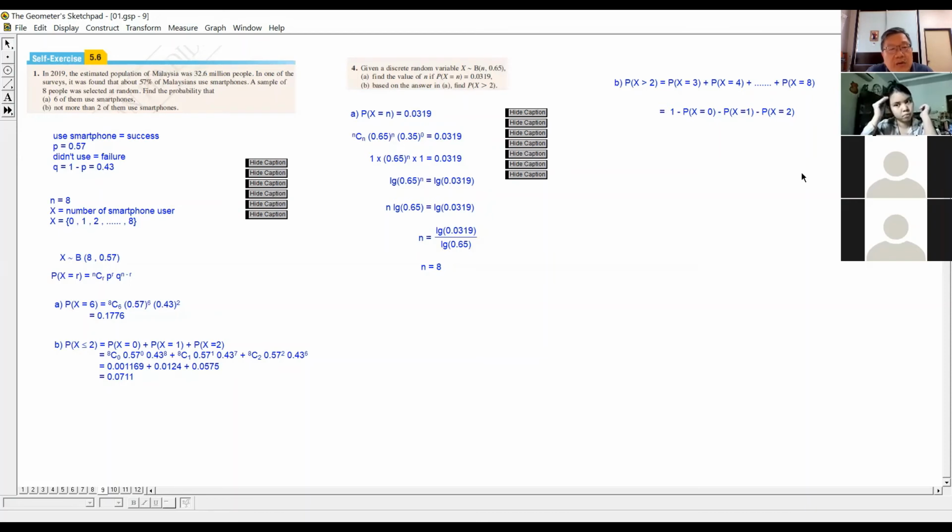So next time, do you know how to use this shortcut or not? Because if you want to find from 3 to 8, you have to use the formula 6 times. So the shortcut is you use the complement. The complement is X0, X1, and X2. So you minus X0, minus X1, minus X2, you will get the balance.